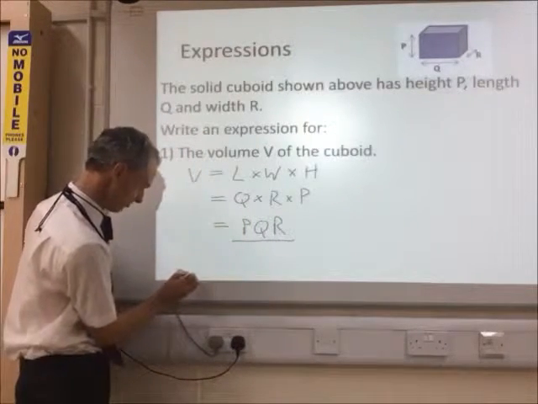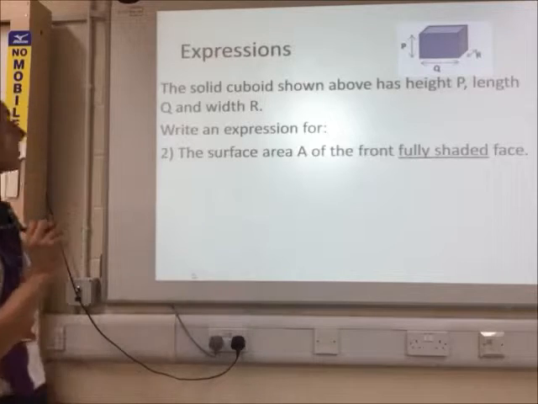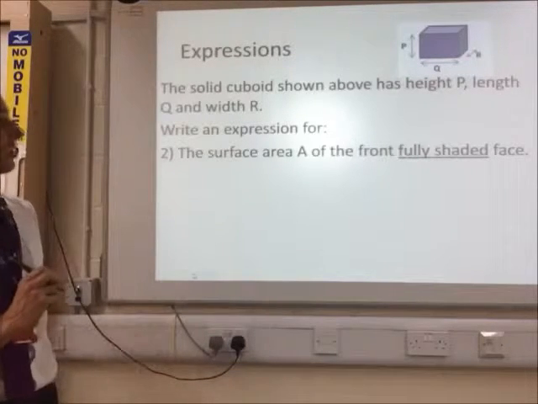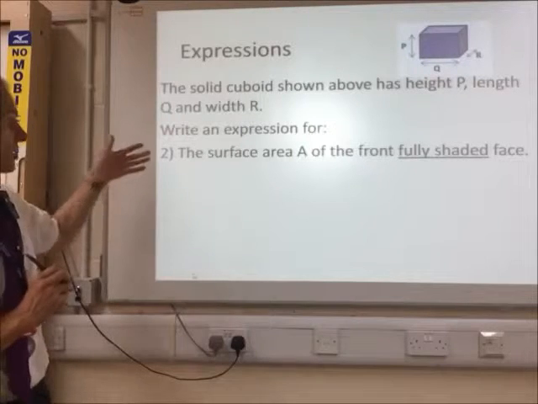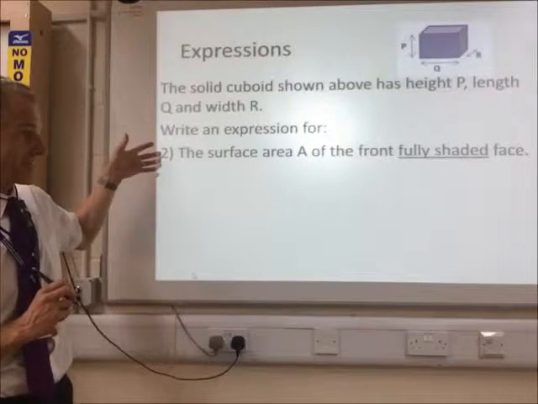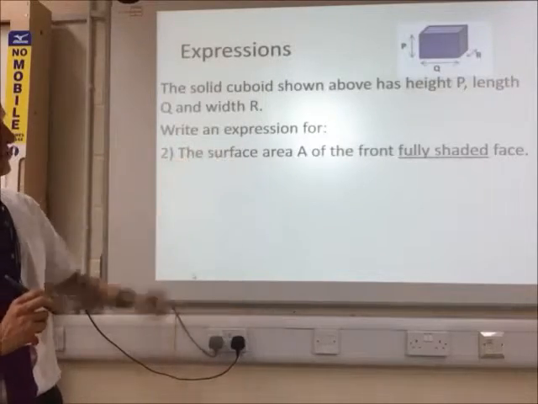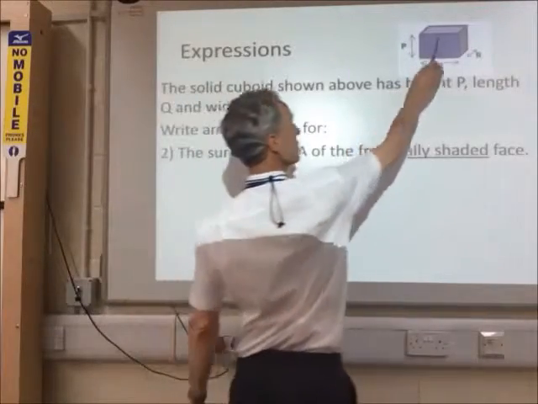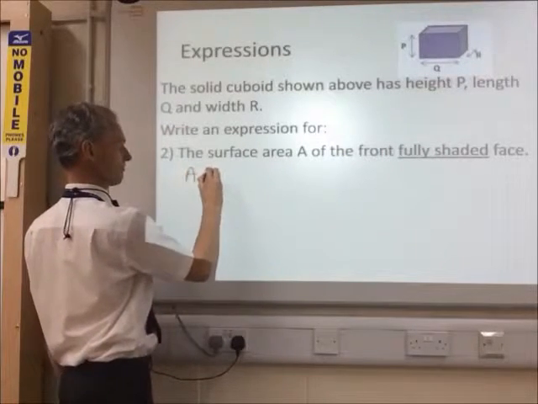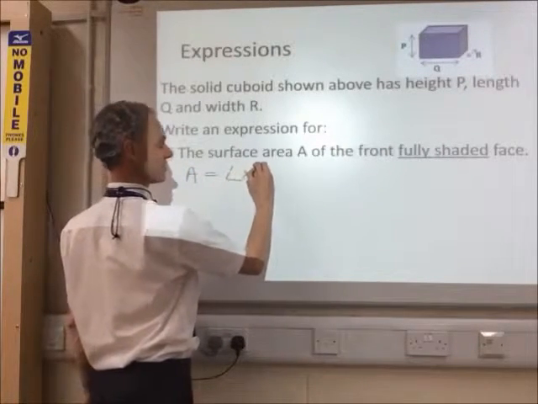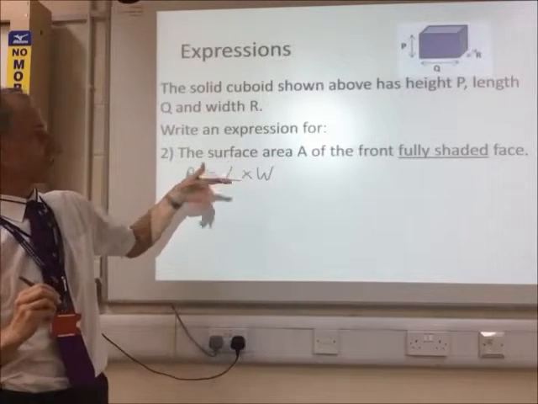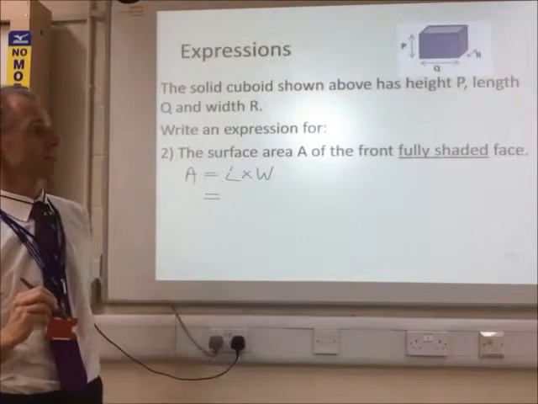Okay, let's go on to another one. Okay. So we've got the same cuboid again, height p, length q, width r. This time we're being asked for an expression for the surface area A, but only of the front fully shaded face. So it's only this face here. Now we know that area is length times width. So in this specific case, let's look at the length and the width of the fully shaded face.